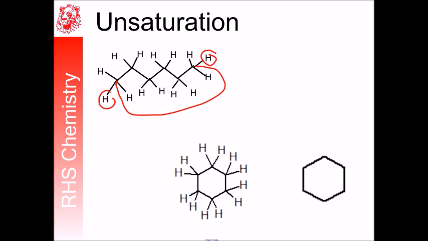There are 2 single bonds missing, and so that would represent 1 degree of unsaturation. It really should be C6H14 if it's going to follow the CnH2n plus 2 rule. But because it's missing 2 hydrogens, it's got 1 degree of unsaturation per ring.